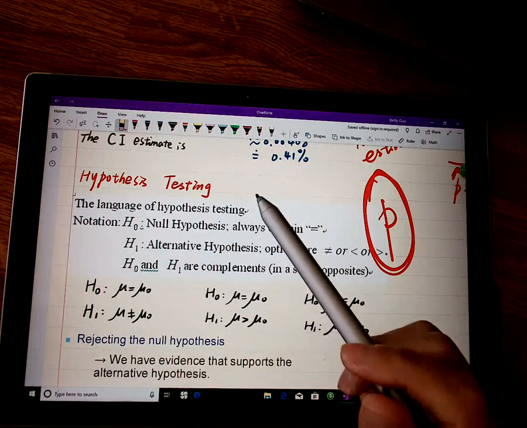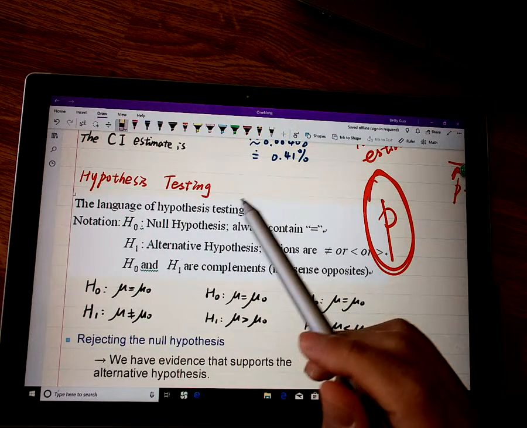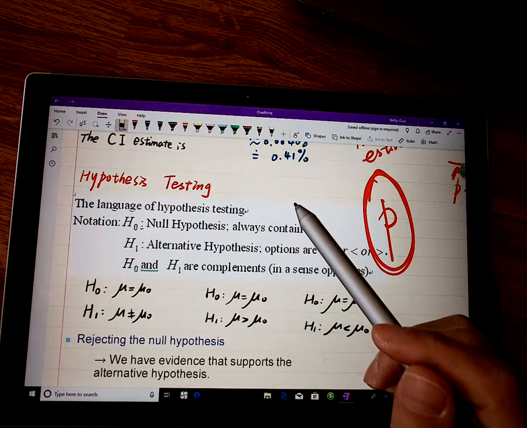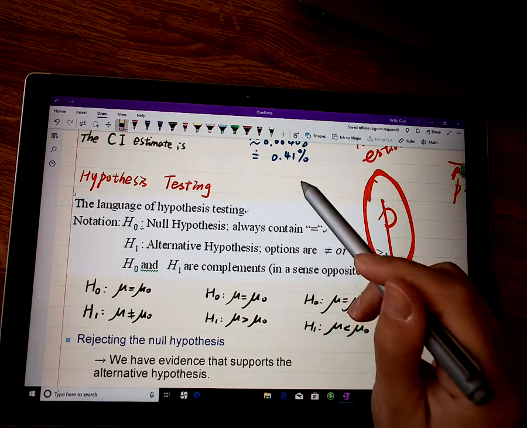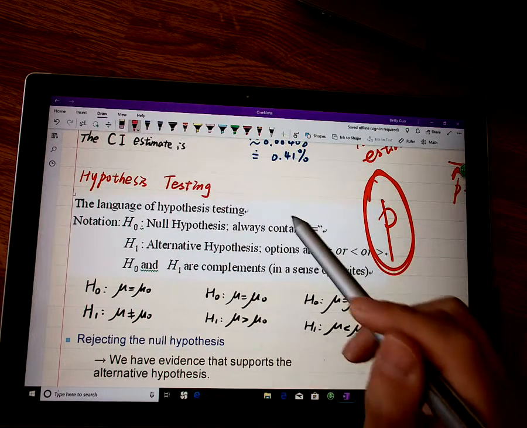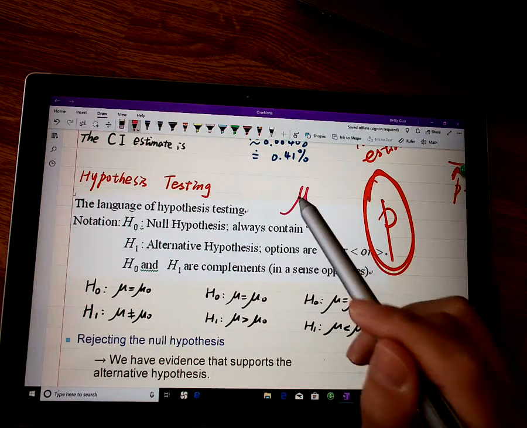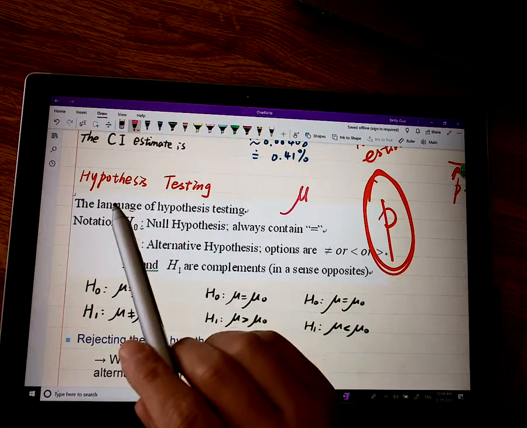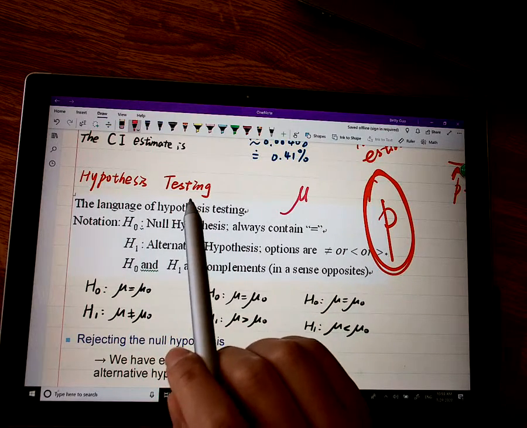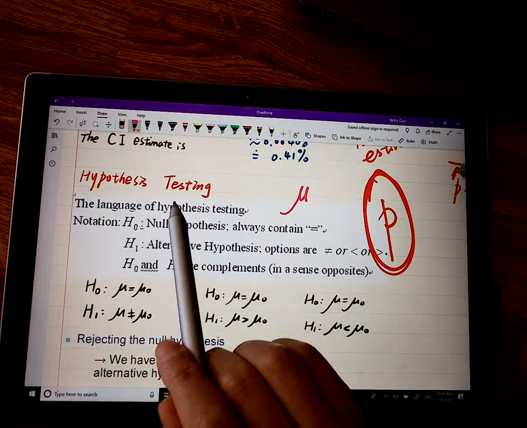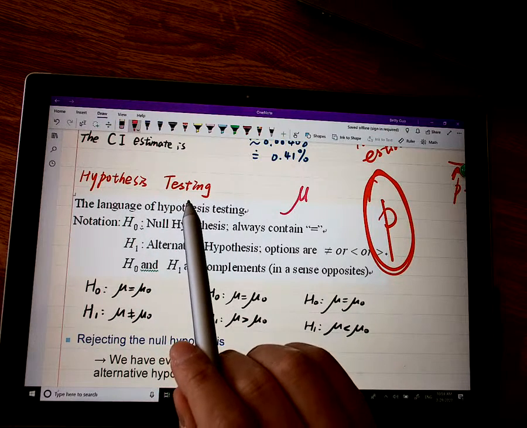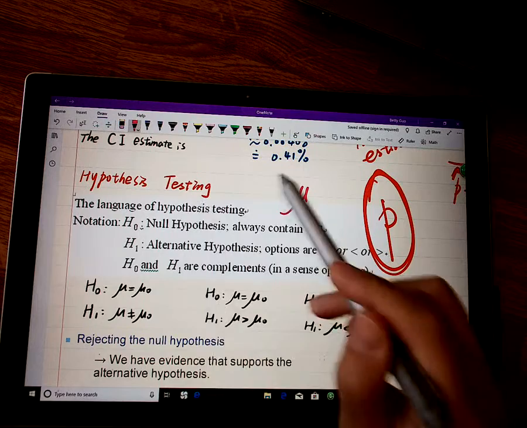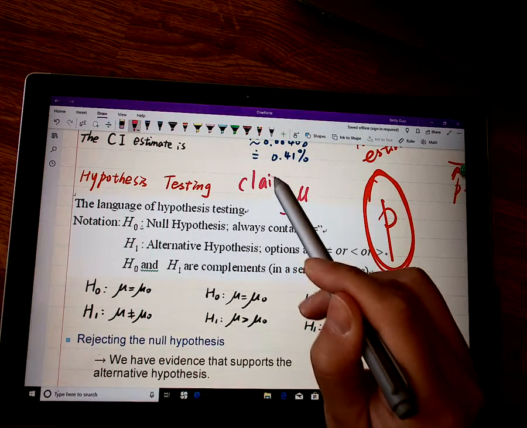Suppose we are testing a claim regarding population mean mu, okay? So what does hypothesis testing do?